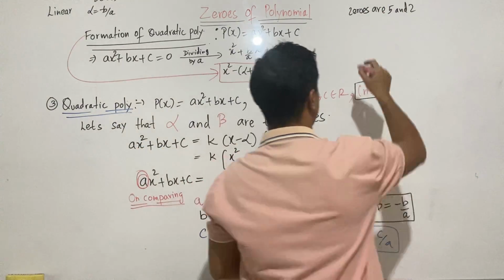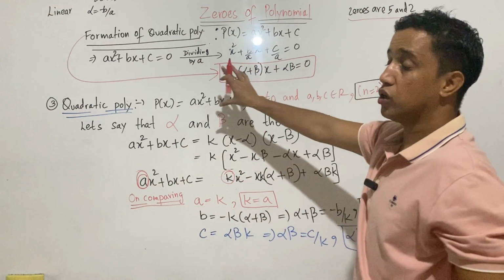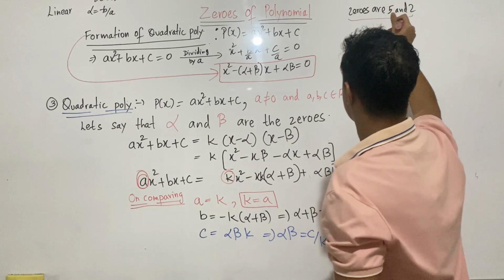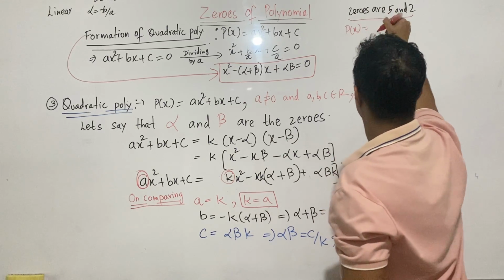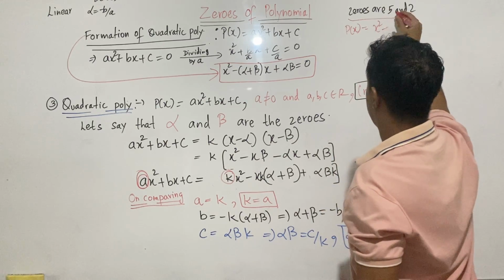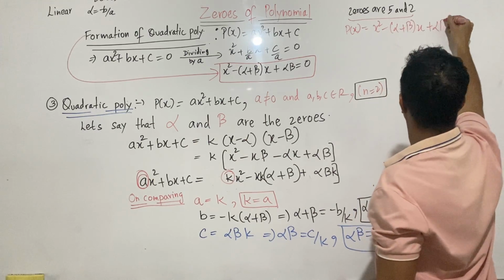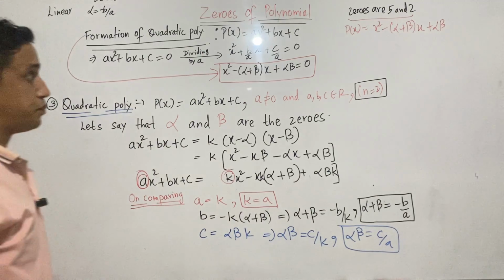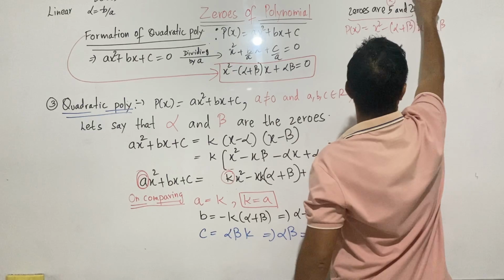Now see here, it's simple, just use this formula. So the expression is going to be x square minus alpha plus beta x plus alpha beta, right? So this is alpha, this is beta.